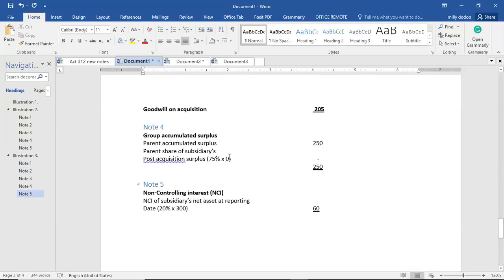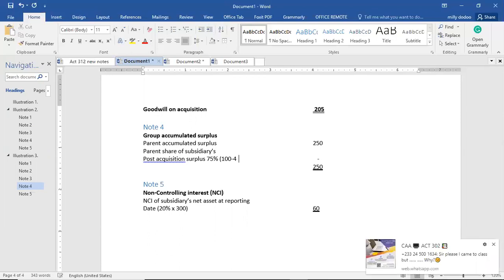So when we come here, we say the 75% multiplied by the 100 minus the 60. 75% of the 40 will give you 30. Therefore, the post-acquisition surplus attributable to the holding company is 30.